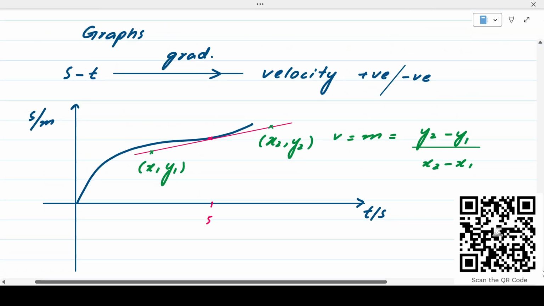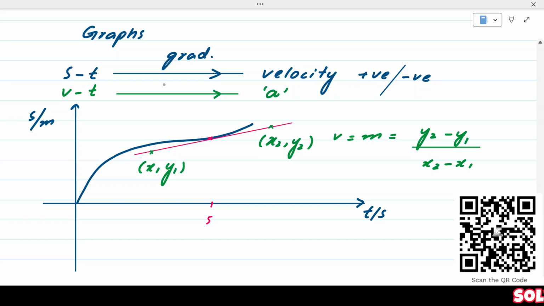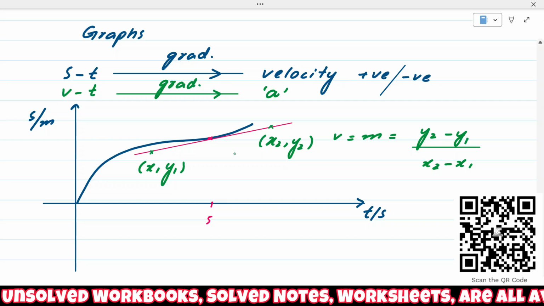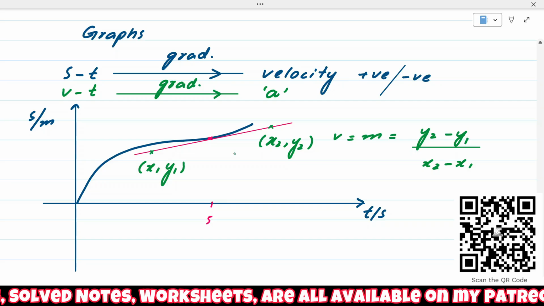If you are provided instead with a velocity time graph, and you then need to find the acceleration, then simply the gradient of that graph will be acceleration. And likewise, the acceleration could be positive or negative.